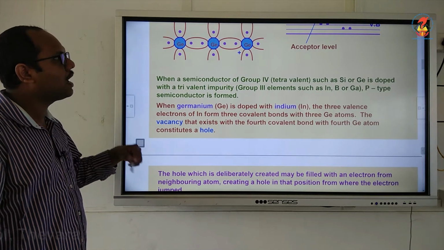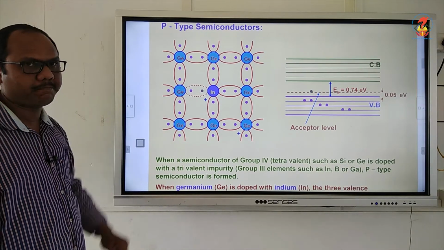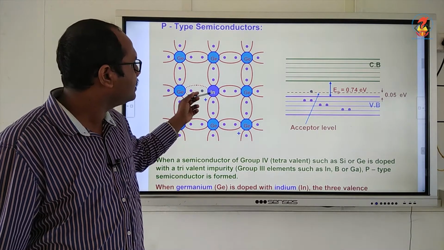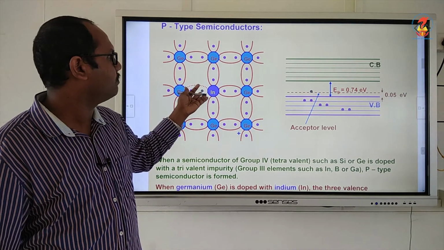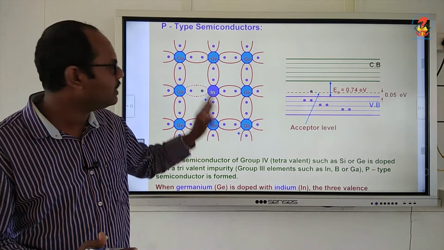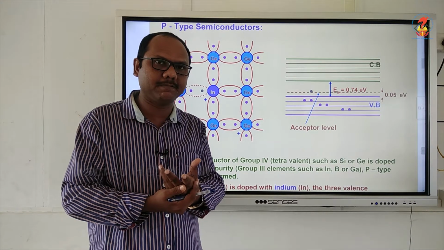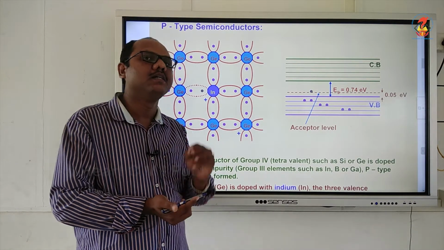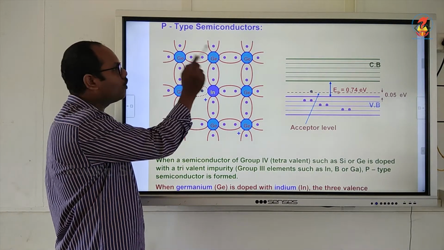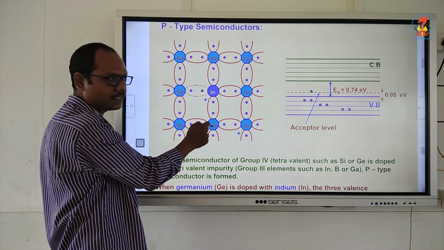Now let us see how this is formed. Suppose I am taking indium, and indium is introduced into the germanium crystal. So, indium is our dopant here, and how many valence electrons indium has? 3. So, the 3 valence electrons of the indium form covalent bond with 3 germanium atoms, this and this.